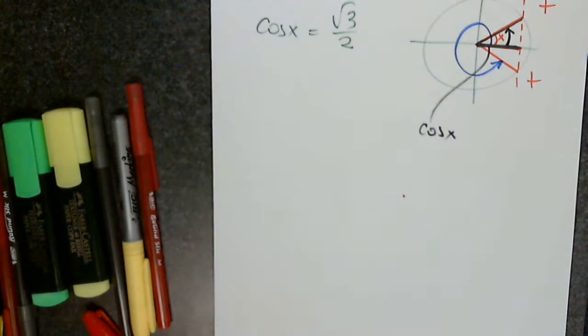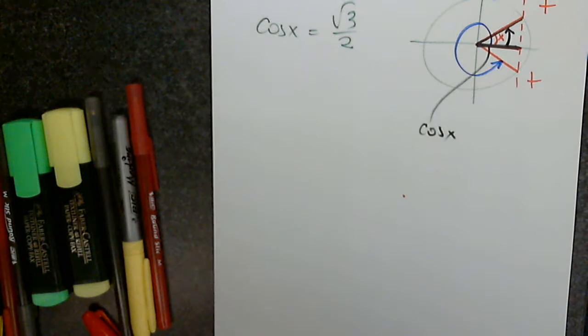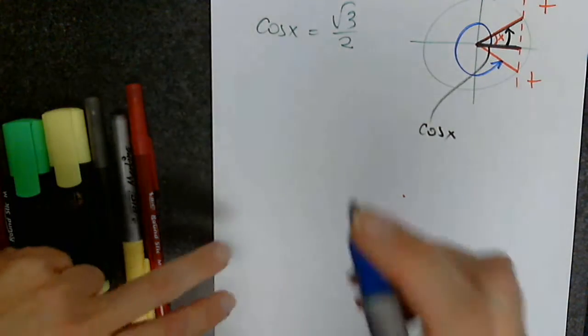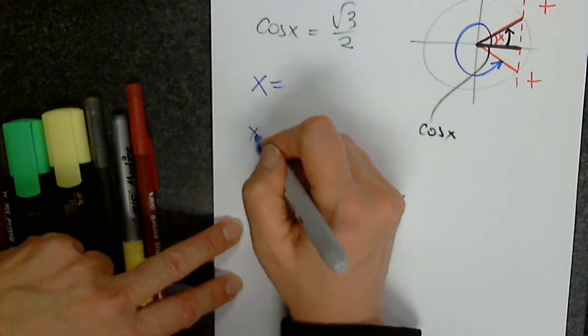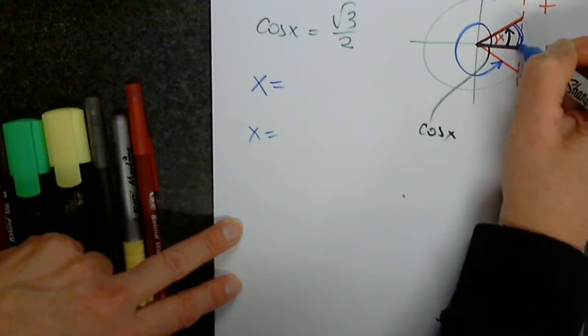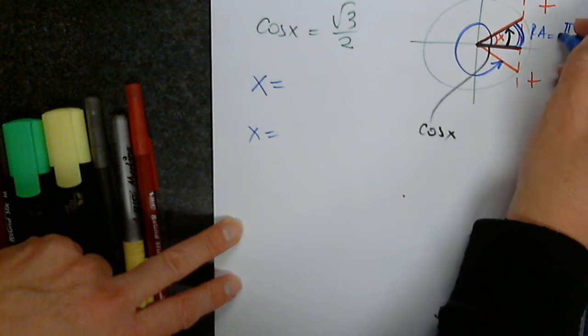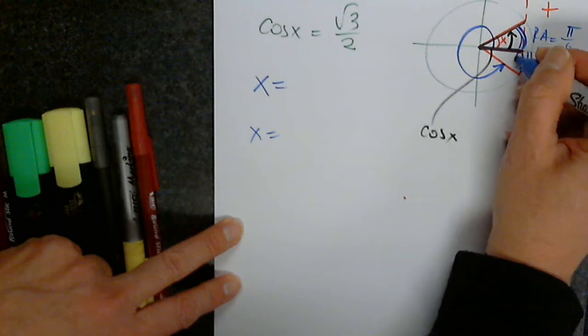Now I have to ask myself, and I remember that little chart, 1/2, the square root of 3 over 2, the square root of 2 over 2. Which angle has cosine the square root of 3 over 2? Pi over 6, excellent. So I know the reference angle for sure. RA is definitely pi over 6 for both angles.